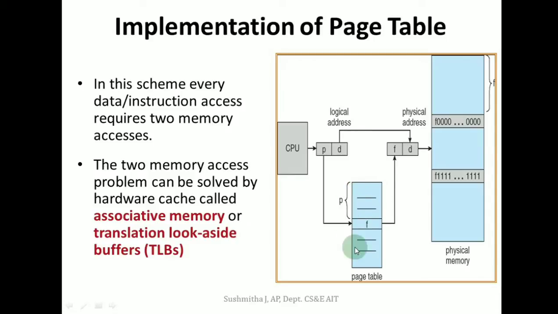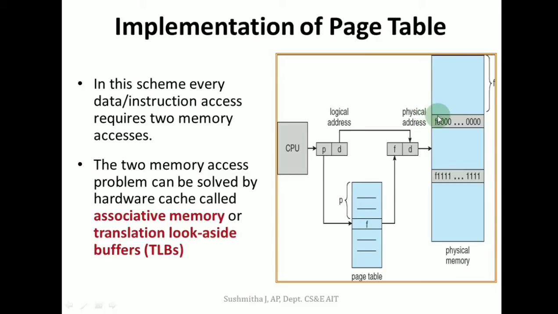If the page table is a part of main memory, then you can see here is my actual data that I want to access. Either it is data or an instruction sitting in the main memory. For me to access this data, I shall be making two accesses: one access to the page table and a second access to my actual memory.